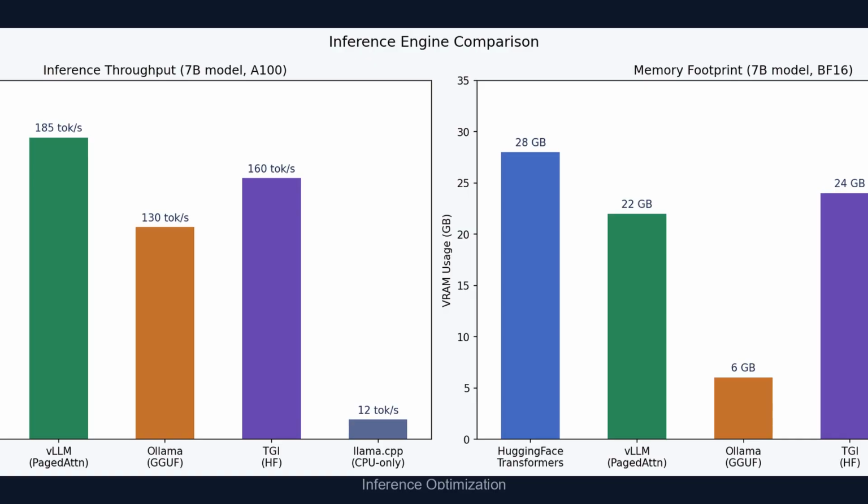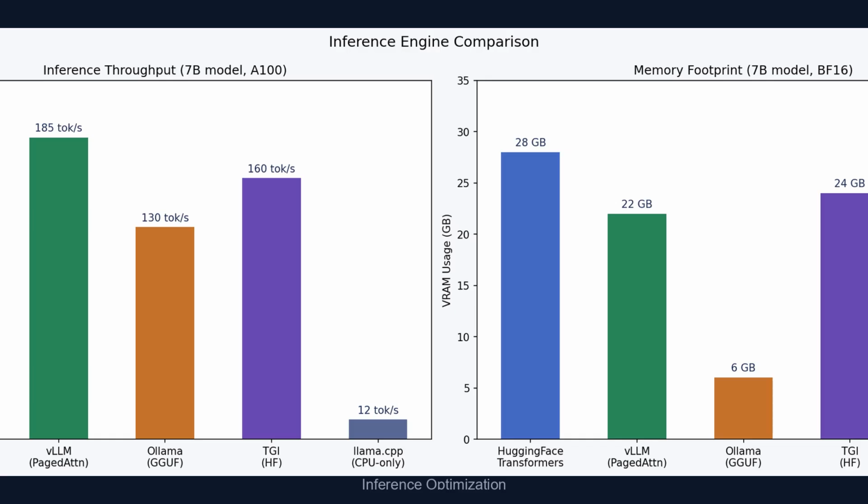This chart compares 4 popular inference engines running a 7 billion parameter model across 2 dimensions: throughput in tokens per second and memory footprint in gigabytes. vLLM leads on throughput at 185 tokens per second, followed by TGI at 160, Ollama at 130, and llama.cpp at 12. Memory tells a different story. llama.cpp uses only 3 GB thanks to aggressive CPU side quantization, while vLLM uses 22 GB, TGI 24 GB, and Ollama 28 GB.